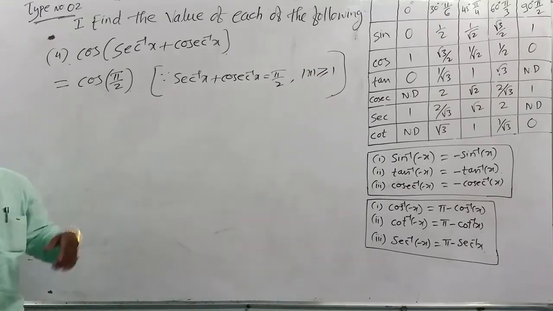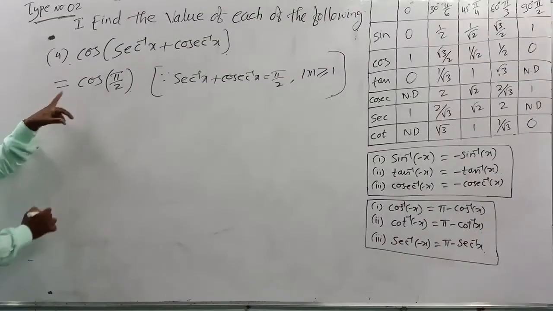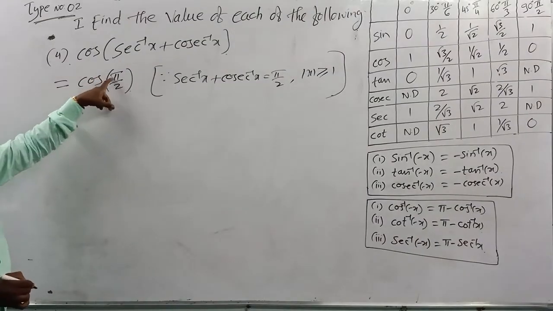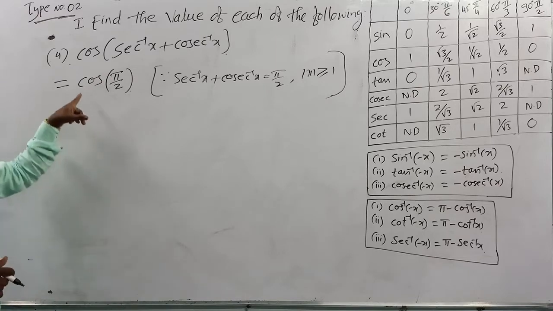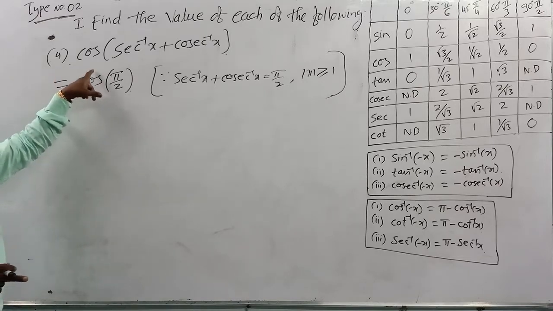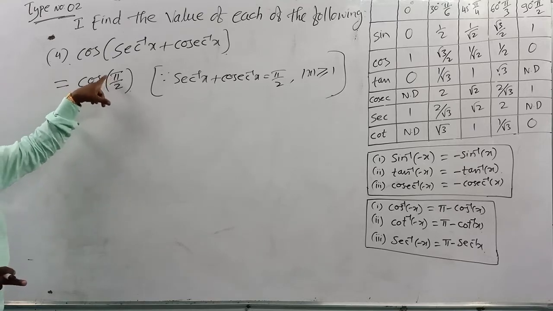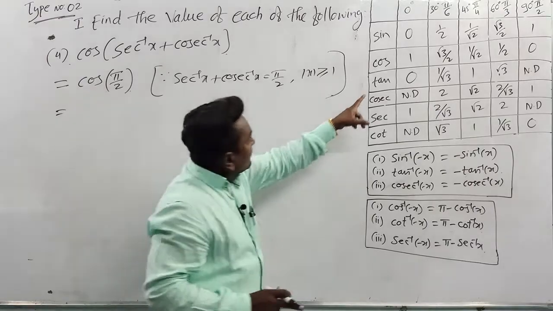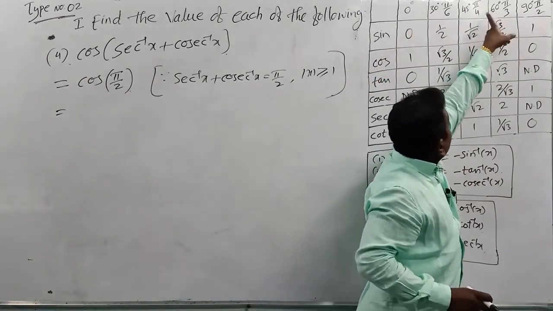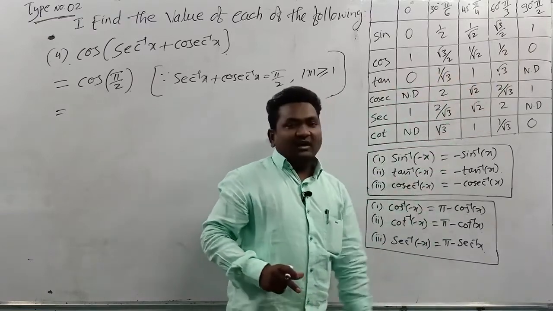In the last classes we have discussed. So cos pi by 2 means cos 90 degrees. See here, this is a trigonometric function. Remember students, this is not an inverse trigonometric function here. Cos pi by 2 is equal to how much?